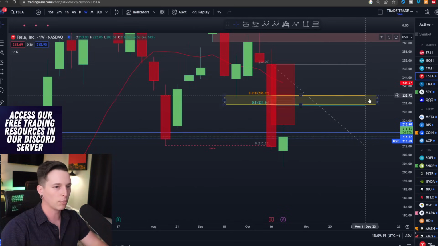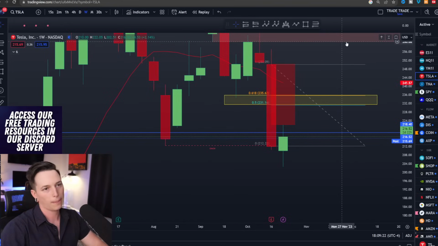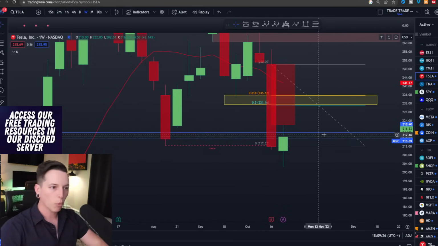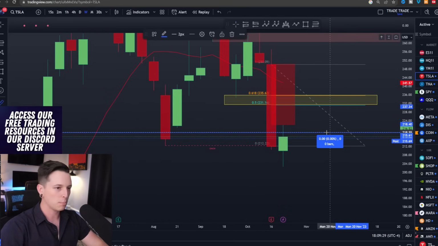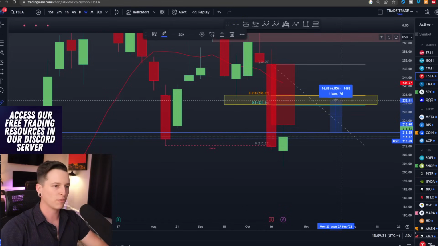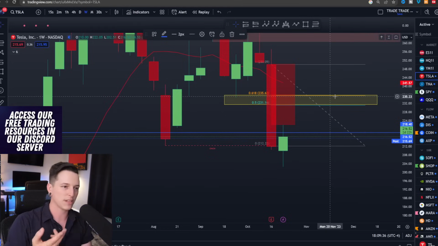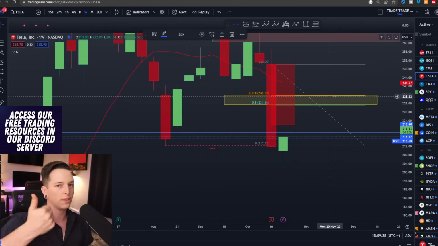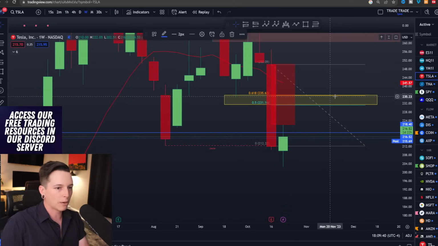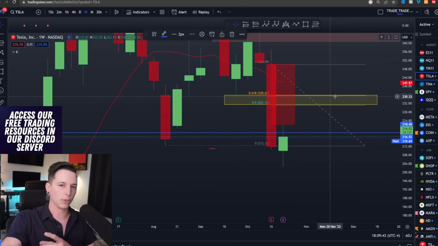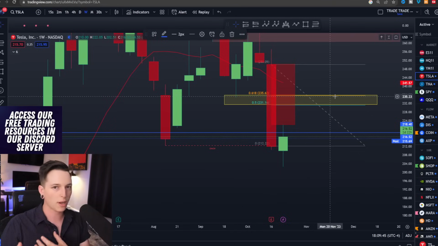So I do think that if we push up over 245, there's a chance we can move back up into the 260s. But what I think is more likely, which we've been saying, is that best case, Tesla bounces about 5 to maybe 7%. Market makers, whales, everybody tricks retail when the stock gets driven up, thinking that was the bottom at 215, and then they start to taper out of their position.